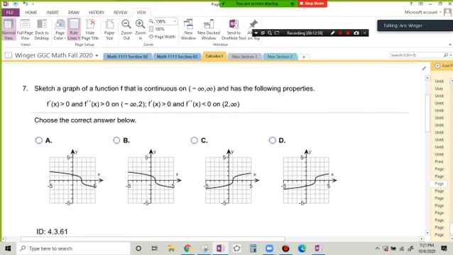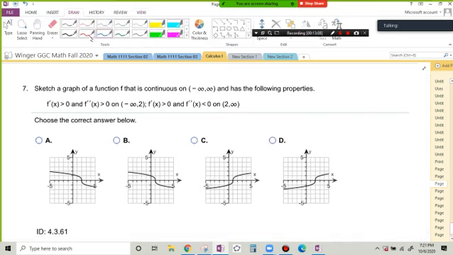Sketch a graph of the function f that's continuous on the whole real line, no breaks, no jumps, and has the following properties. Let's translate. f has got to be increasing and concave up before 2. So something straight up is happening.